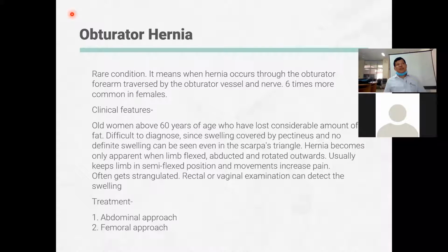After the age of 60 years, fat is easily lost and skin is wrinkled. So whenever it occurs, it is prominent. The swelling can be seen in the femoral region, on the medial side or inner aspect of the femoral sheath, in the femoral triangle.